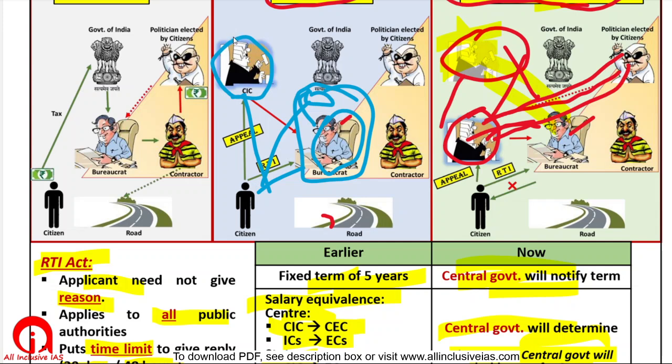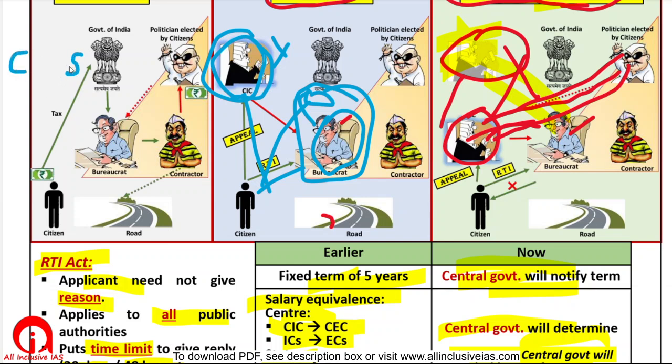Remember one thing: if you are going to the State Information Commission, then you can't say that I'm not satisfied with the order of the State Information Commission and therefore I will approach the CIC in the center. No, that is not the thing. Suppose this is the state government, this is the central government.